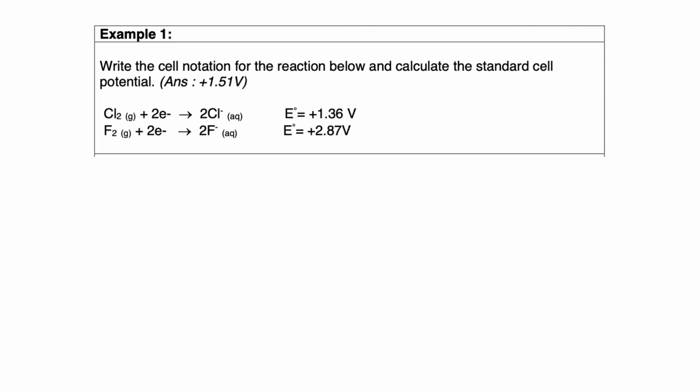For us to calculate the standard cell potential, we need to identify our cathode and we need to identify our anode. We have two questions here. We need to write the cell notation and also calculate the standard cell potential. So, first thing we have to do, identify the anode and identify the cathode.